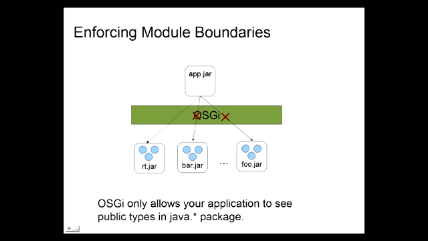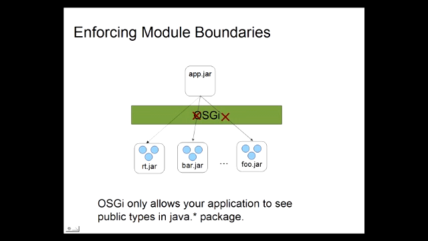So now I'll introduce OSGi into this picture, and I'll start enforcing our modular boundaries. The boundaries in this case are between the individual jars that are on the class path. OSGi only allows your module or your application to see public types that are in the java.* packages. All other types will be denied access.